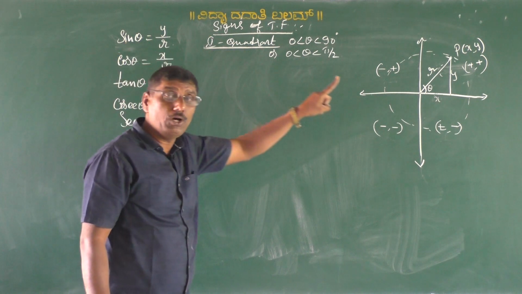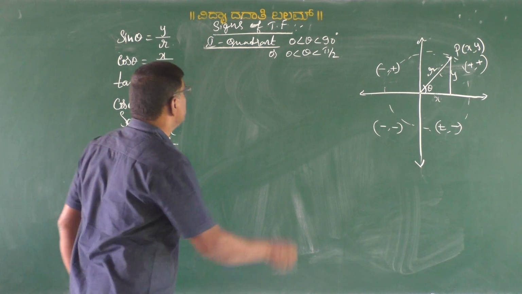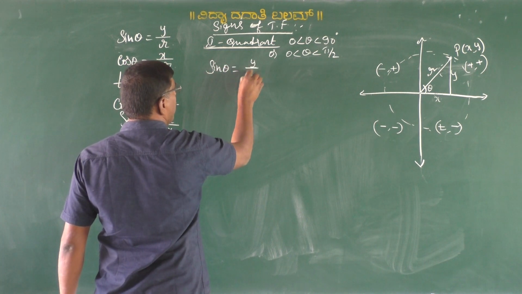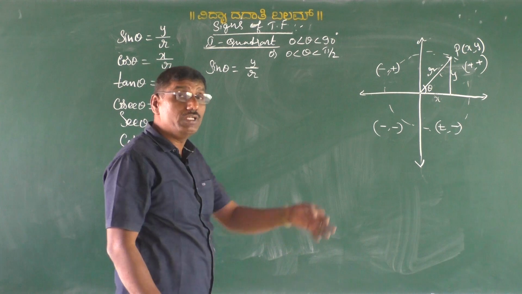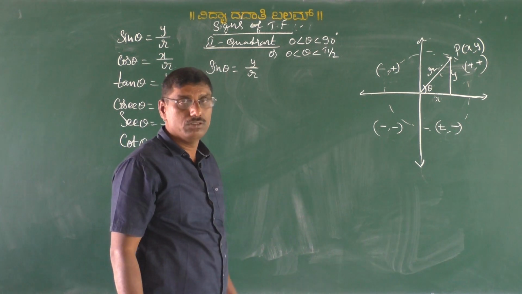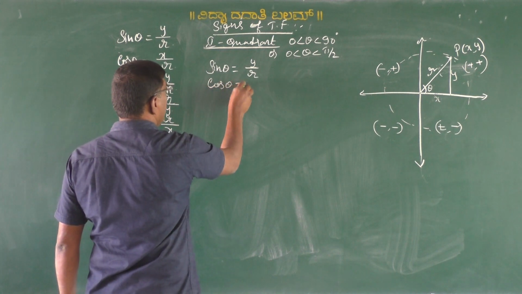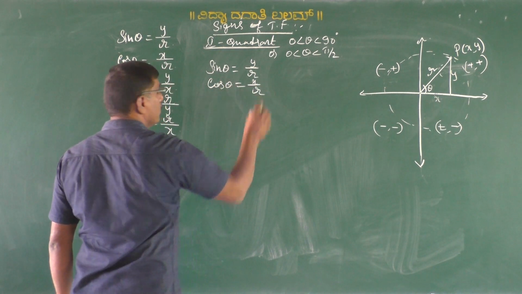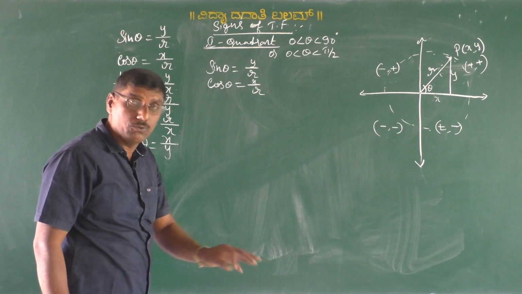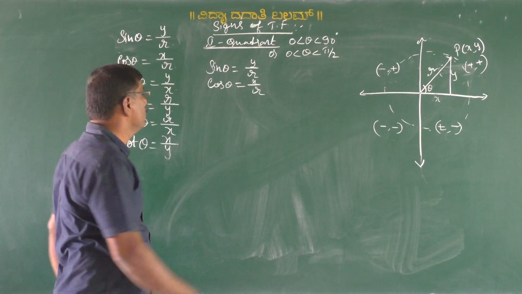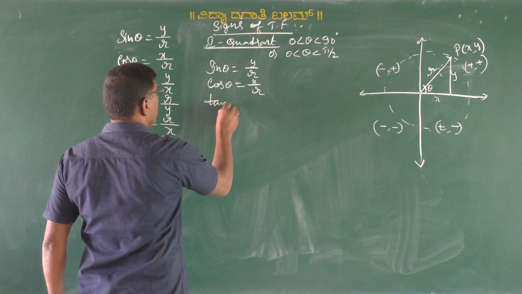The first one, sin theta: both are positive, we get y by r, always positive, no doubt. Cos theta, x by r, as it is. Since x is positive, y is positive and r is also positive. Tan theta, y by x.